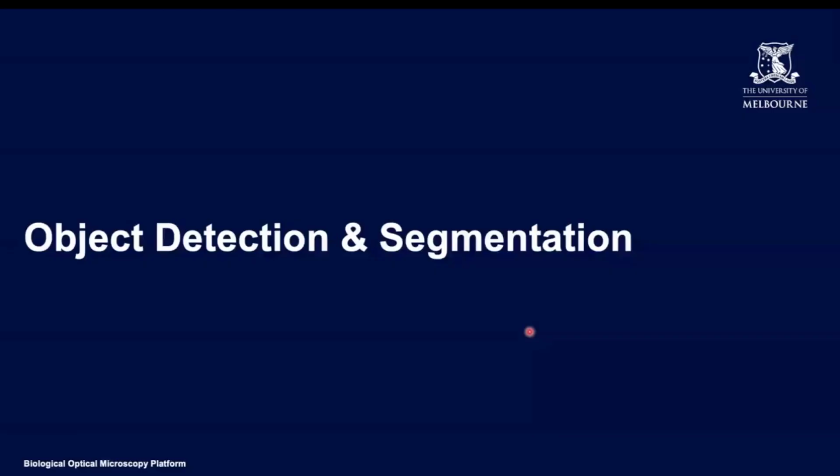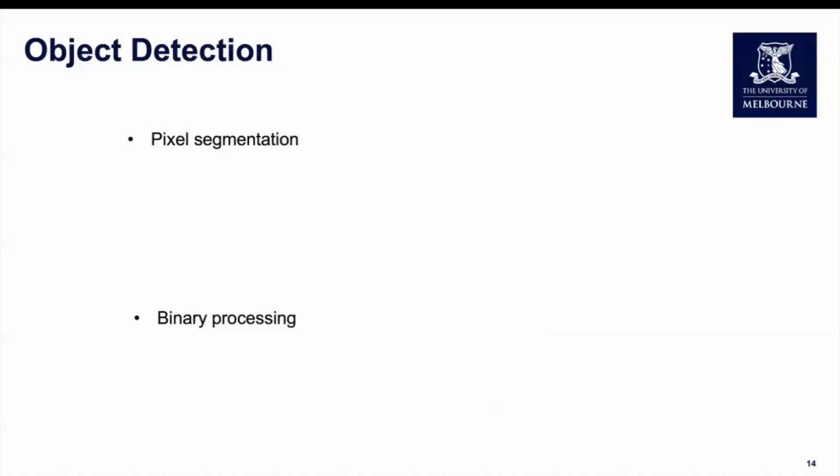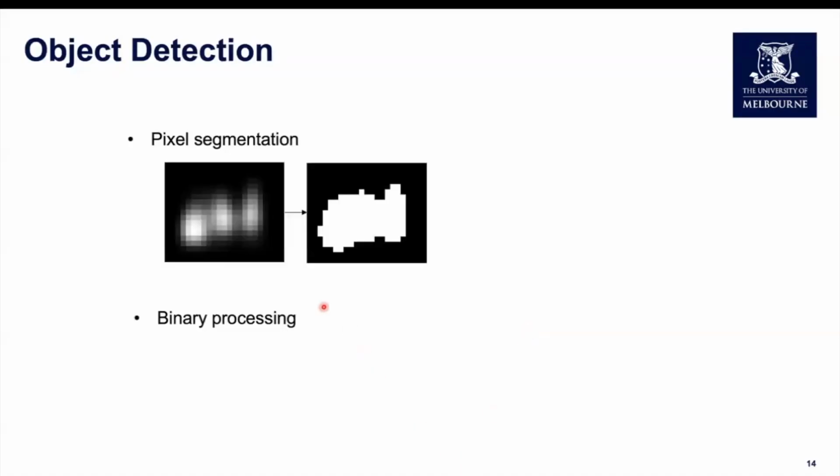Okay, so once we've pre-processed the data, we can go through and start to identify the objects that we want to quantify and potentially segment out individual components within the image. So very often what we're doing in this case is taking a pixel segmentation approach where we're looking at the intensity within an image and saying, okay, this is the region that we want to image.